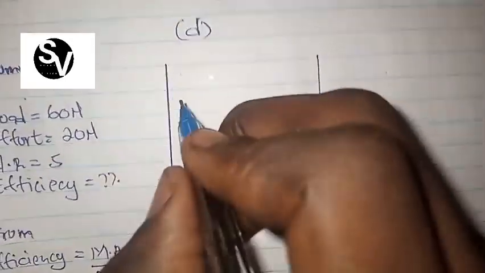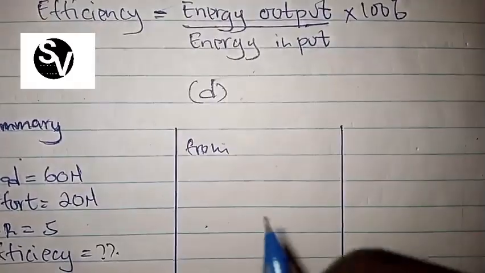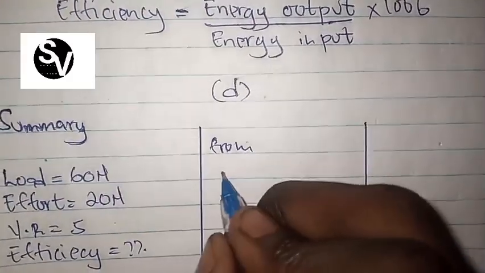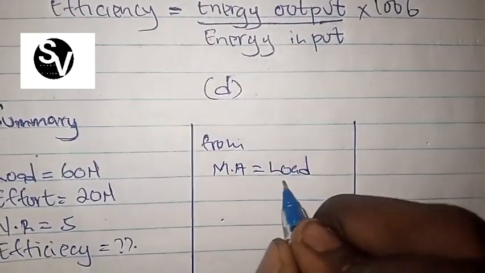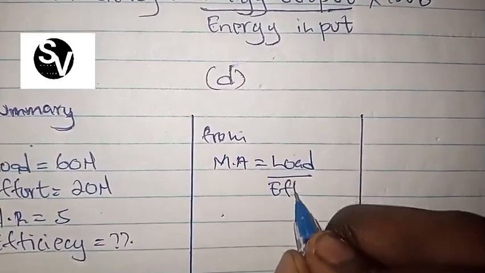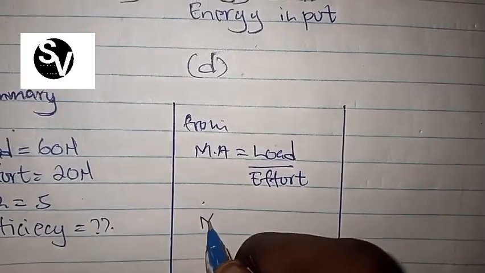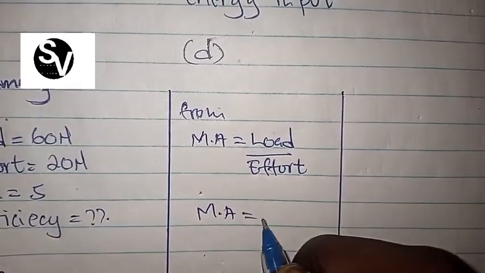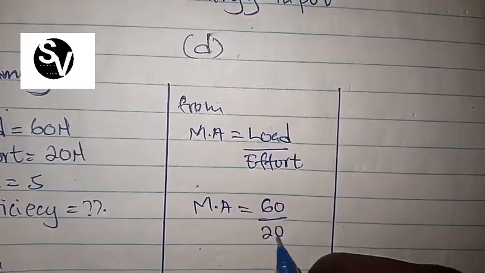We can find mechanical advantage. We say mechanical advantage equals load over effort. We can get our mechanical advantage as 60 over 20.